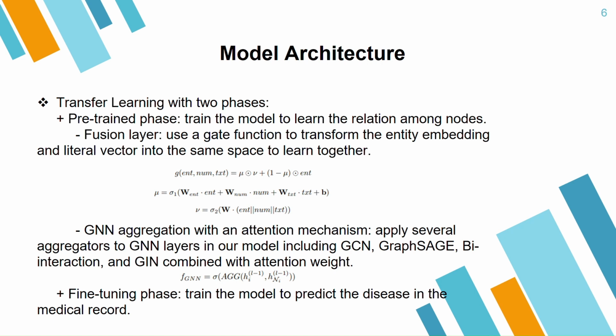From the center node, we can capture the neighbor nodes' information, and we use GCN, GraphSAGE, GIN and GAT combined with the attention weights. And in the fine-tuning phase, we train the model to predict the disease in the medical records.